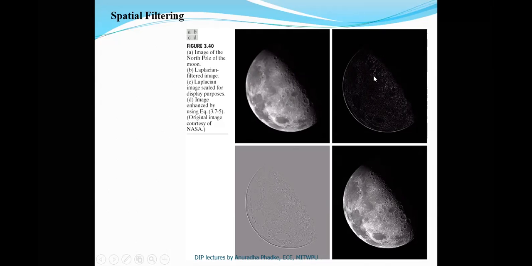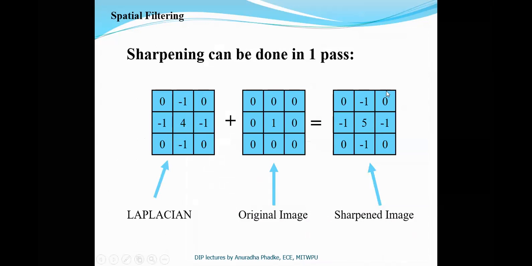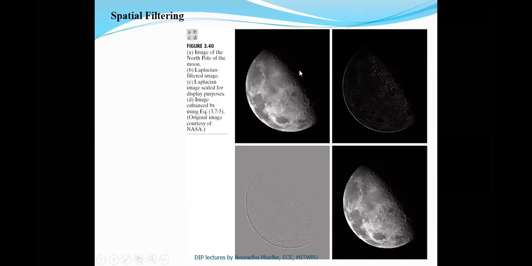Okay, and this two-step process we can avoid by directly applying this particular mask, 5 surrounded by -1 or 9 surrounded by -1. If we apply this mask on this image, we can directly get this resultant image where original image details are sharpened.